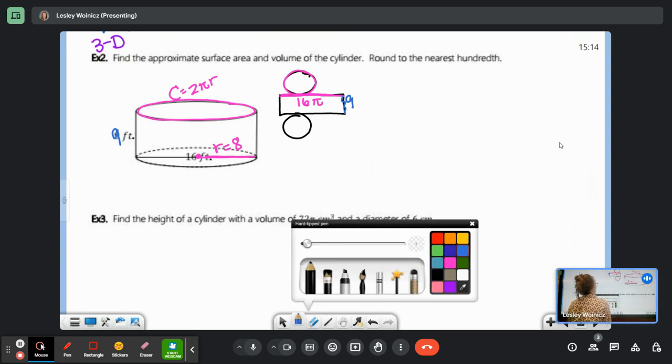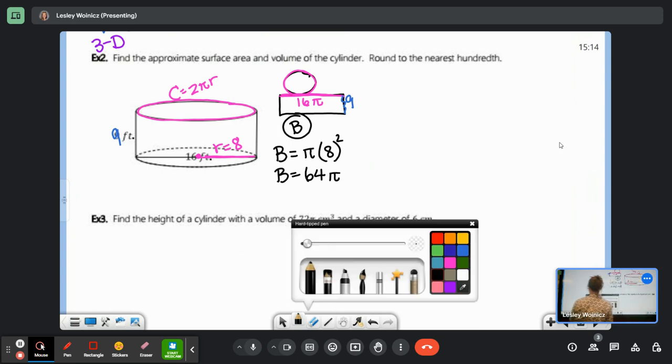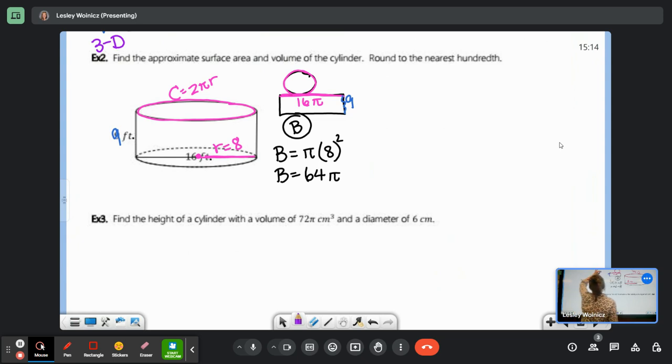Should we also do the area of the base? This is my base. My B is pi r squared, and my r is 8. So 64 pi. All right, let's plug them in.